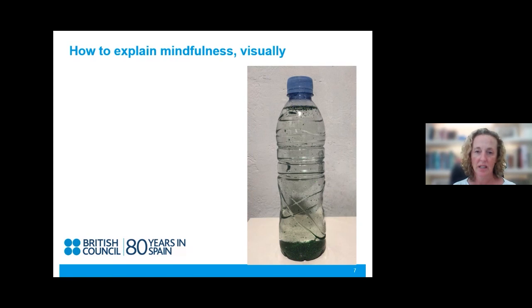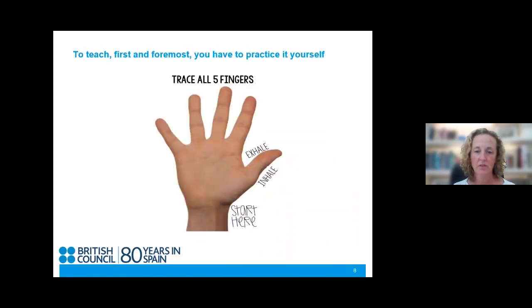Okay, so what we're going to do is actually practice now one of the techniques, the finger tracing or finger breathing, it's called different things. I call it finger breathing. As with anything, if you're going to teach it, then you need to know how to do it yourself.